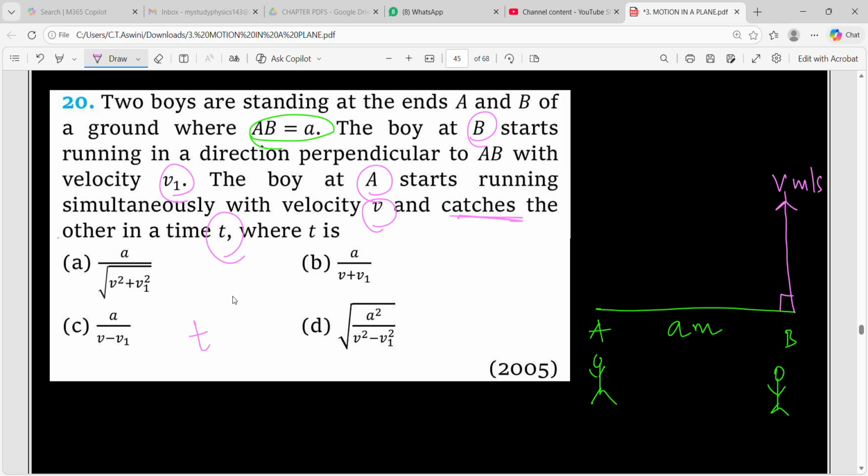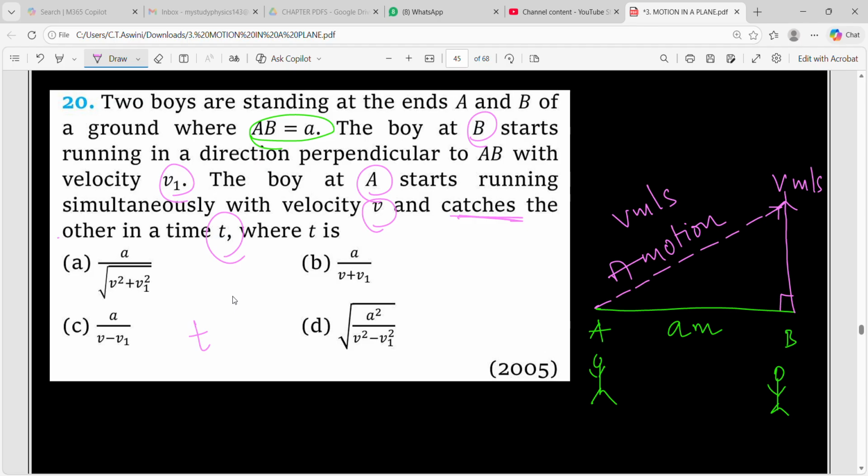In what direction A should travel now? Should A also travel perpendicularly? Or what he should do? He should travel like this. This should be the direction of motion of A. Got my point? And what was the speed of A? It was V meter per second.